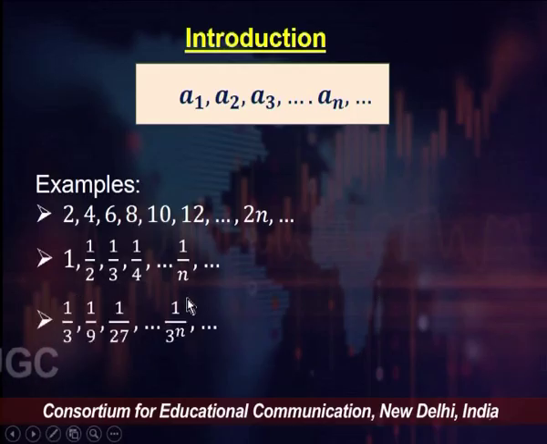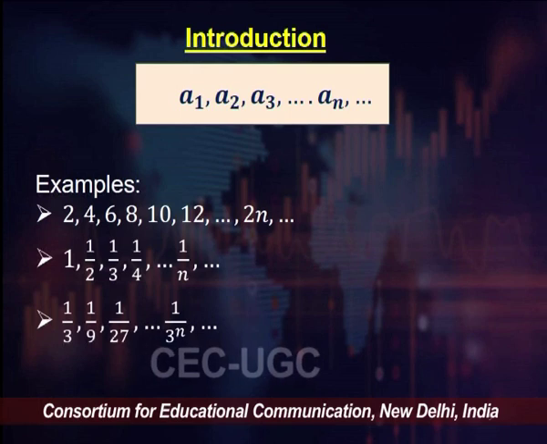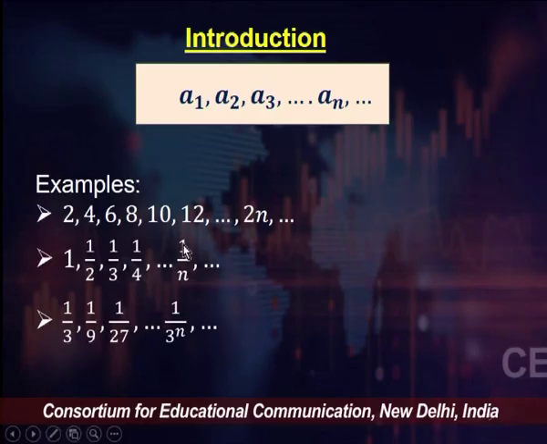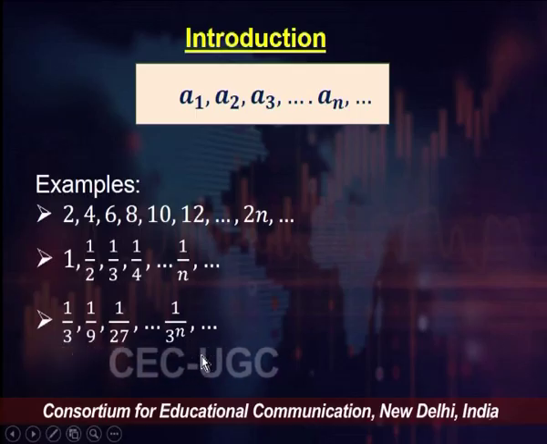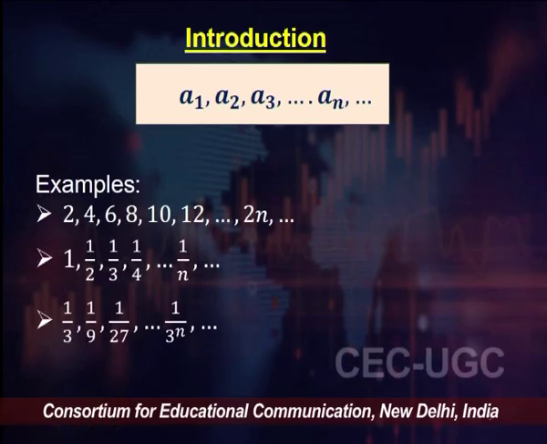And there is another example where the general term is 1 by 3 to the power n, which then generates the sequence 1/3, 1/9, 1/27 and so on. You can also go the other way around. You can start by looking at the sequence of numbers 1/3, 1/9, 1/27, and then judge what the general term of this sequence will look like.